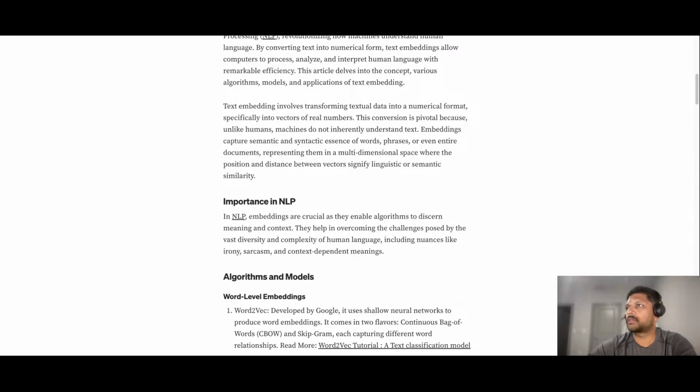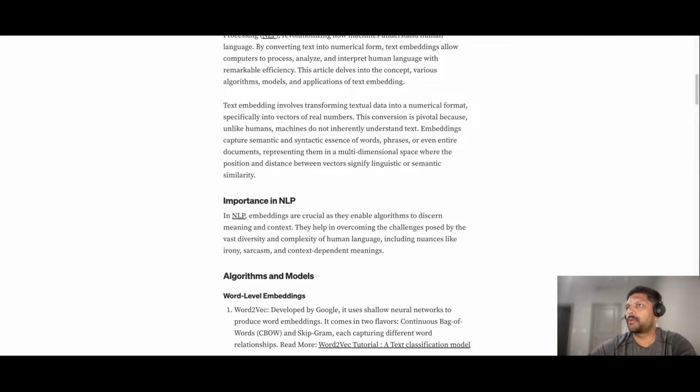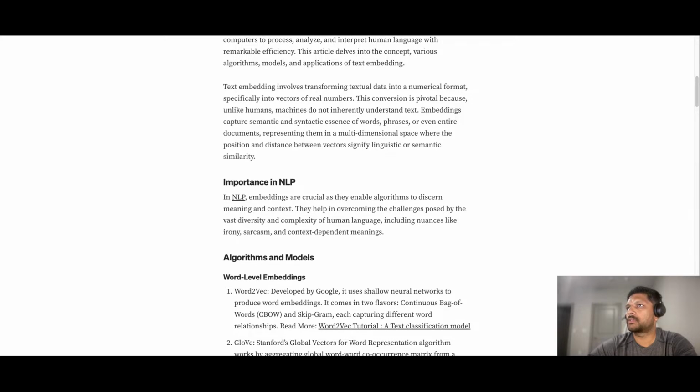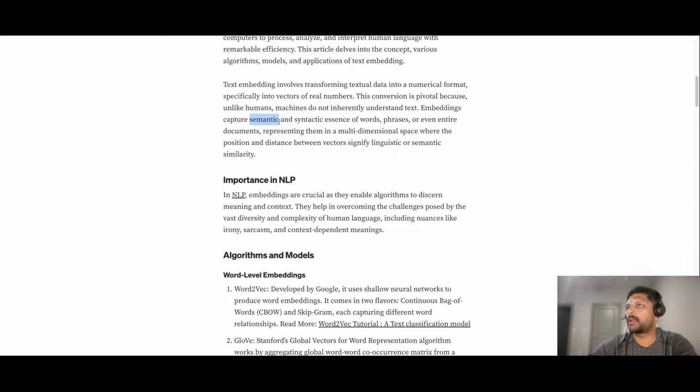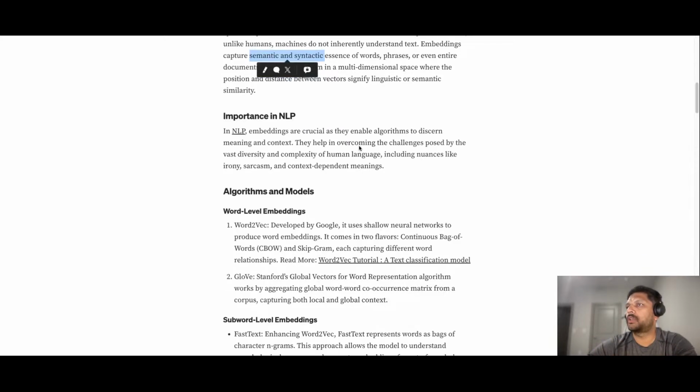Embedding captures the semantic and syntactic essence of words, with documents presenting them.